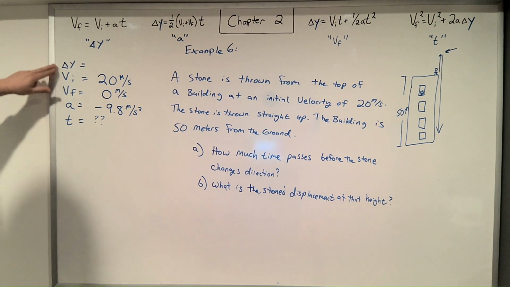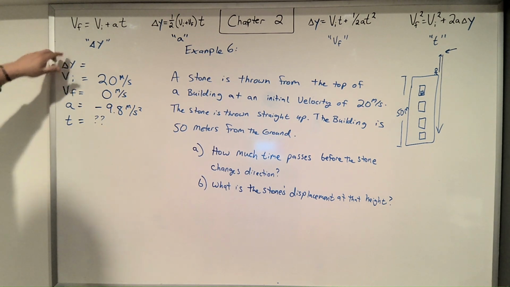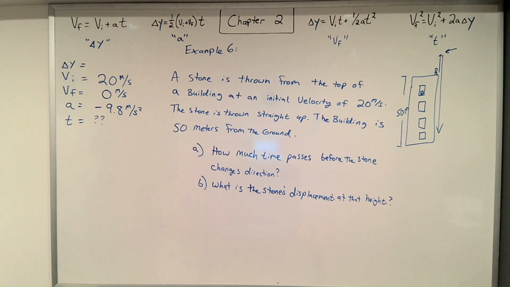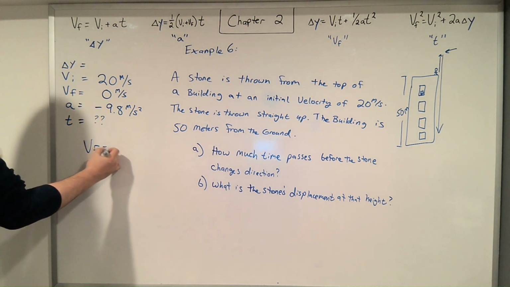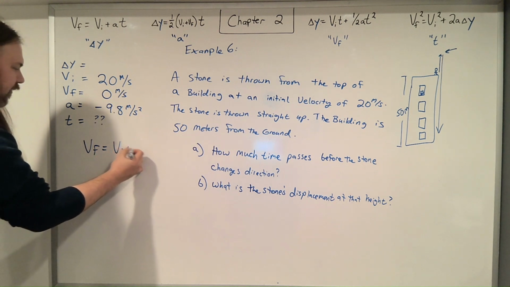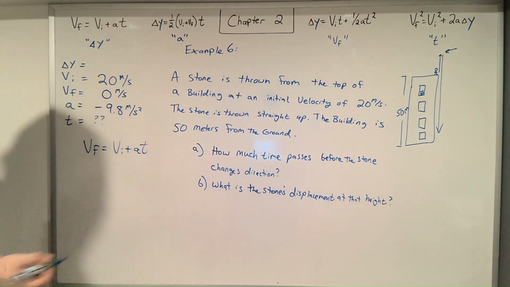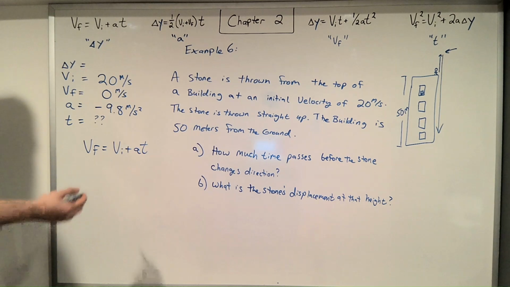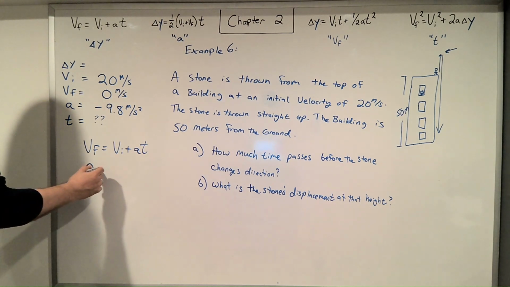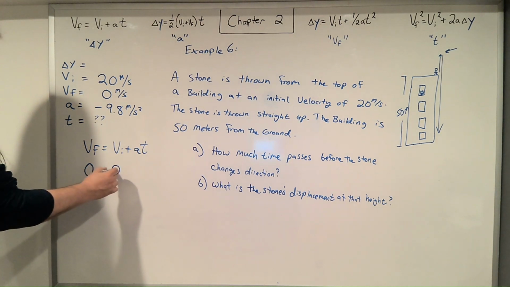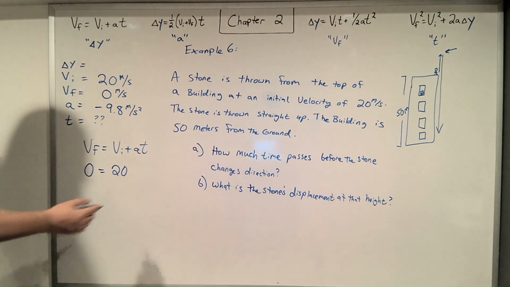I'm looking for time. I don't care about delta y, which means I'm back at that first equation again. Let me put up here: vf equals vi plus a times t. Our vf, good to know, is 0. Our initial velocity is 20.